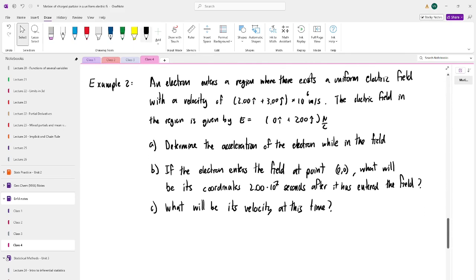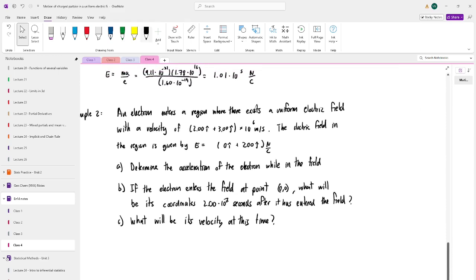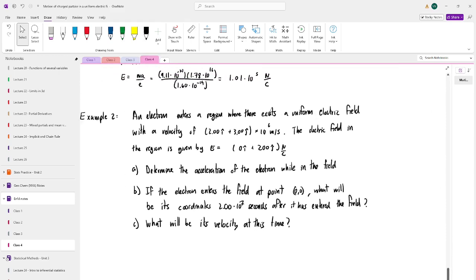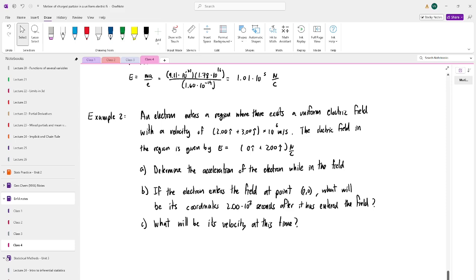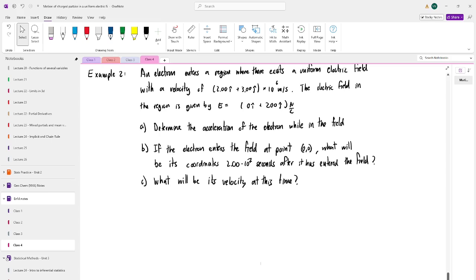Okay, so for this question, the first thing that we can notice is that the velocity is given to us in a different way than it was before. It's given to us in component form, using the unit vectors i and j. There are really 3 ways they could give us the speed and electric field.